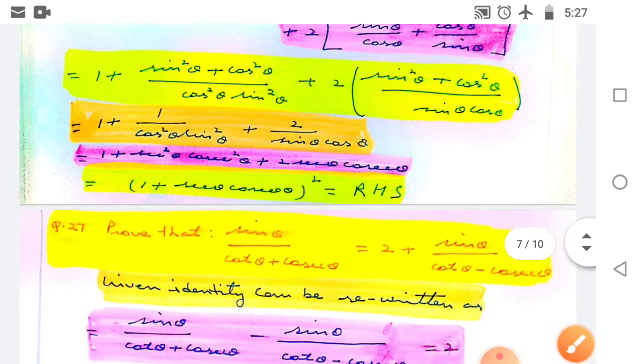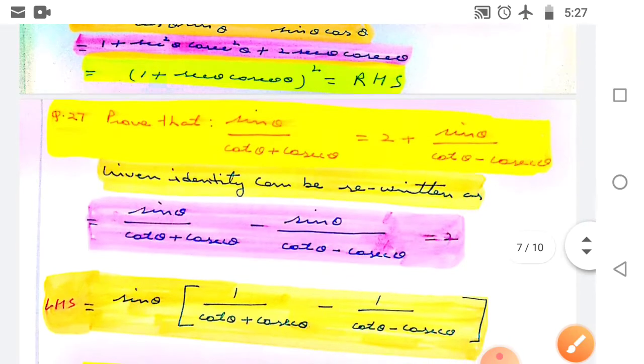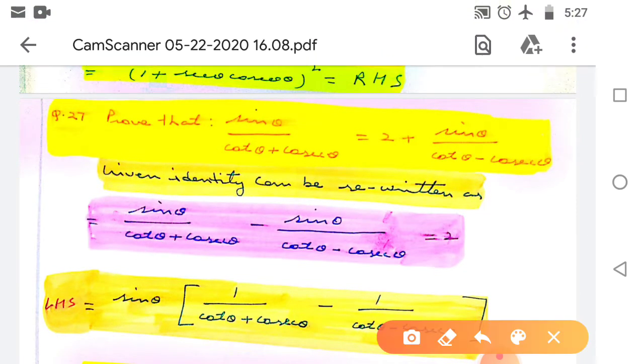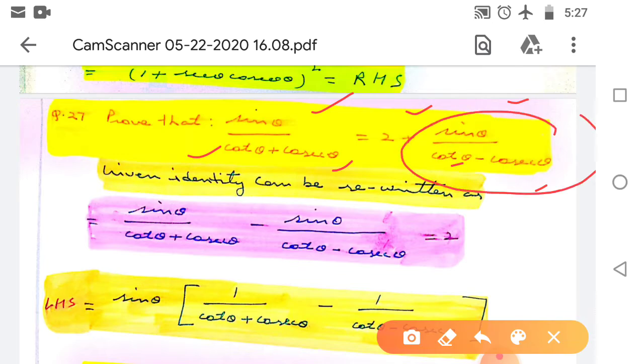Now, come to question number 27. Okay, the question number 27, we need to prove that sin theta upon (cot theta plus cosec theta) is equal to 2 plus sin theta upon (cot theta minus cosec theta), right. So, in this question we have to rewrite this question again. We shift this sin theta upon (cot theta minus cosec theta) to the left hand side, right.